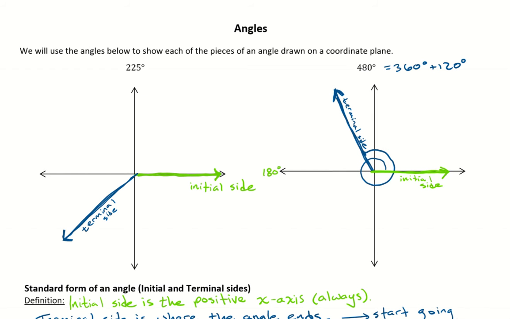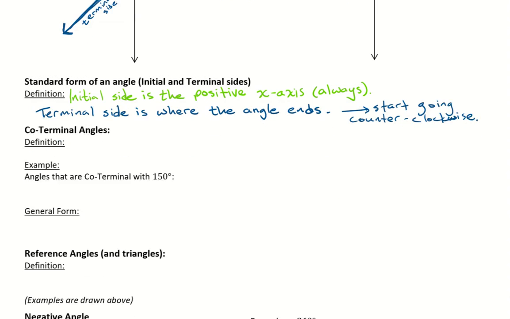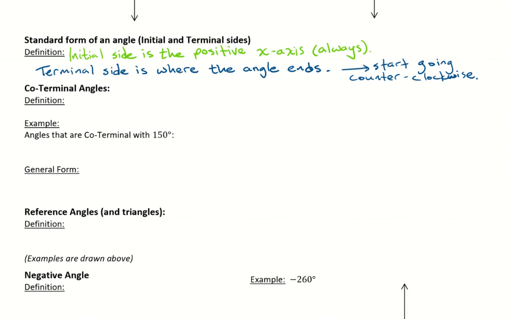And that continues. If we added 360 again, that's just another circle around, and you land in the same spot once again. 480 plus 360 is 840, so that would be another coterminal angle. Coterminal angles are angles that end in the same place.